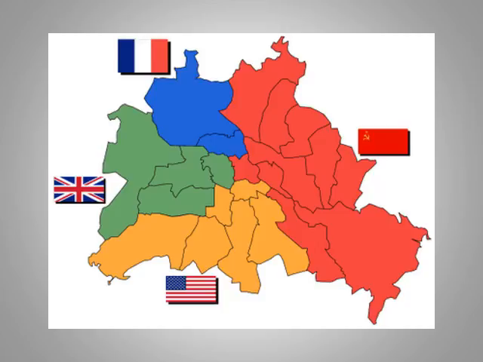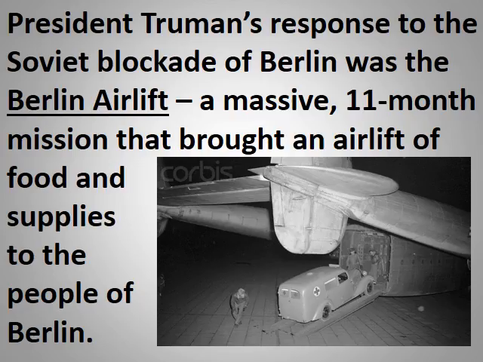We didn't want our supporters, our allies in West Berlin, starving. We didn't want them to go without necessary supplies, so rather than engage in direct fighting, President Harry Truman used a different approach. He instituted what was called the Berlin Airlift.